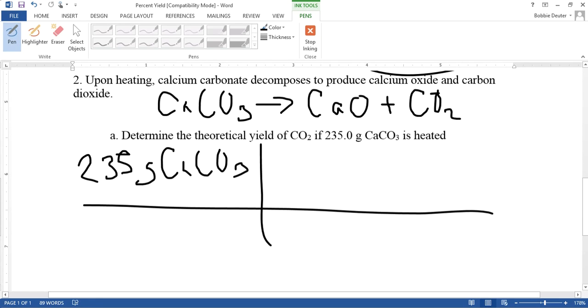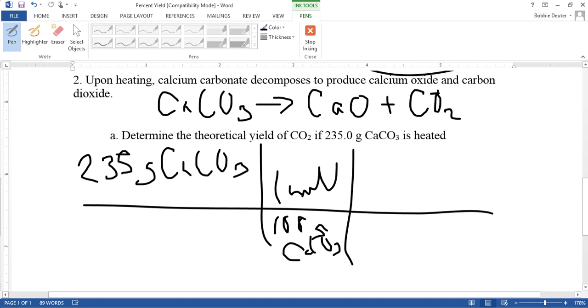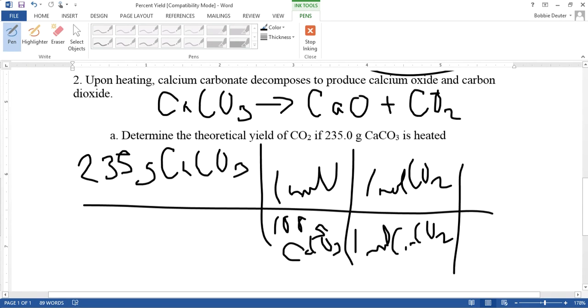We're going to do a mass-to-mass conversion here. We look up the molar mass of calcium carbonate, and we have 100 grams CaCO3 over 1 mole. Again, that's the molar mass. We're going to do a mole-to-mole conversion. Well, this is easy. It's 1 mole of CO2 to 1 mole of calcium carbonate. Now we've canceled all these out.